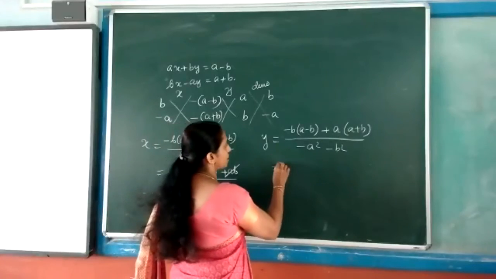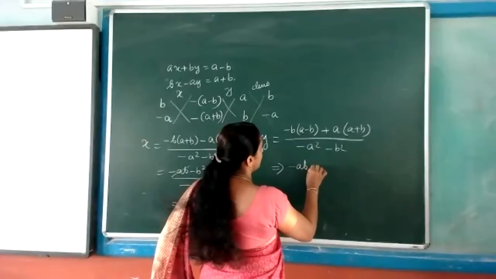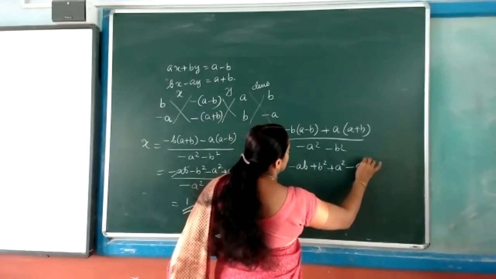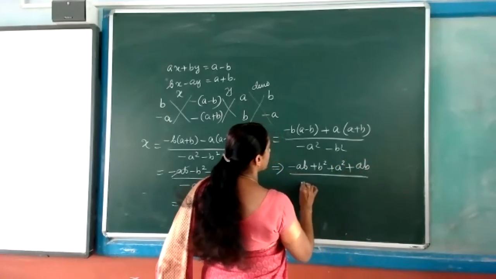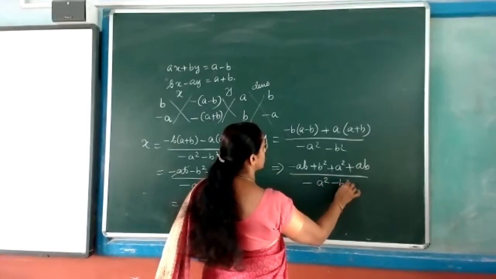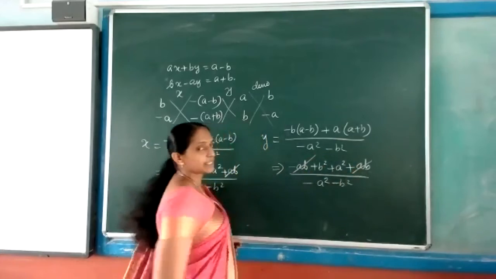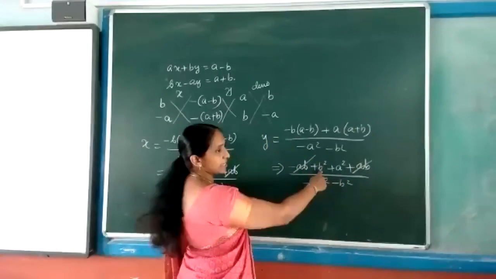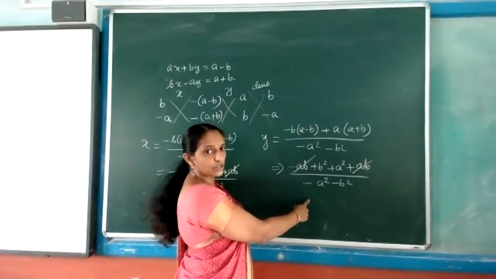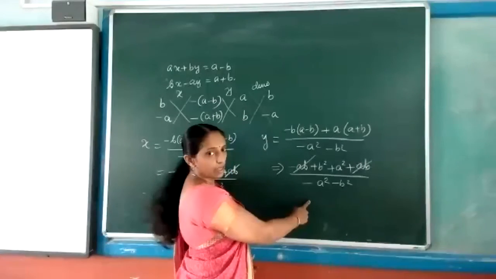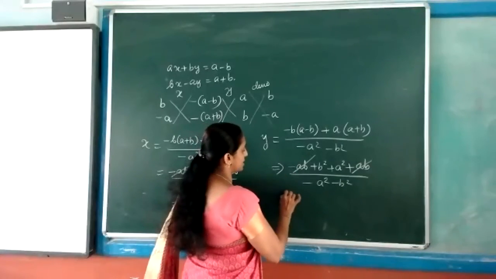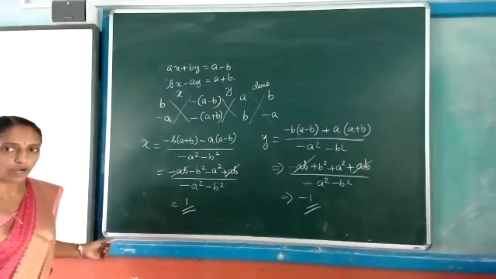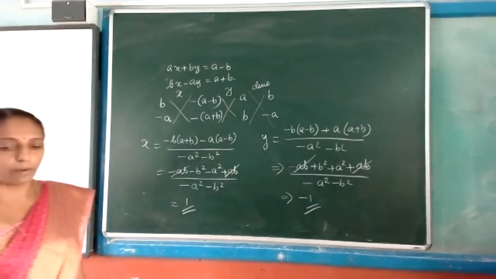Similarly, here if you simplify, minus ab plus b square plus a square plus ab upon minus a square minus b square. Here also plus ab minus ab cancel, and this is plus a square plus b square over minus of a square plus b square. By cancelling, you will get minus 1. So you are getting x equal to 1, y equal to minus 1.